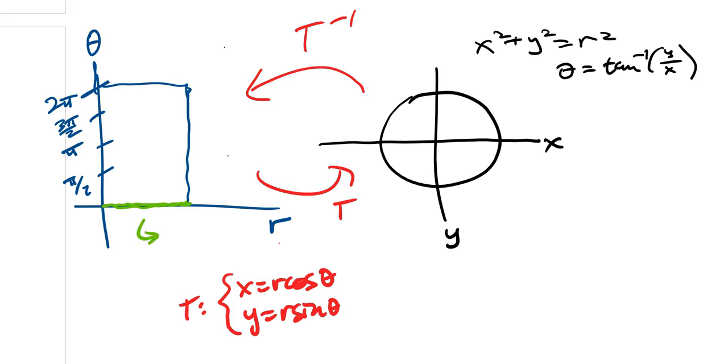So let's just call this A. Theta is 0, and R ranges between, let's suppose that the circle has radius R naught. So out here is R naught, that's the radius. So when theta is 0, on the right, r ranges from 0 to r naught.